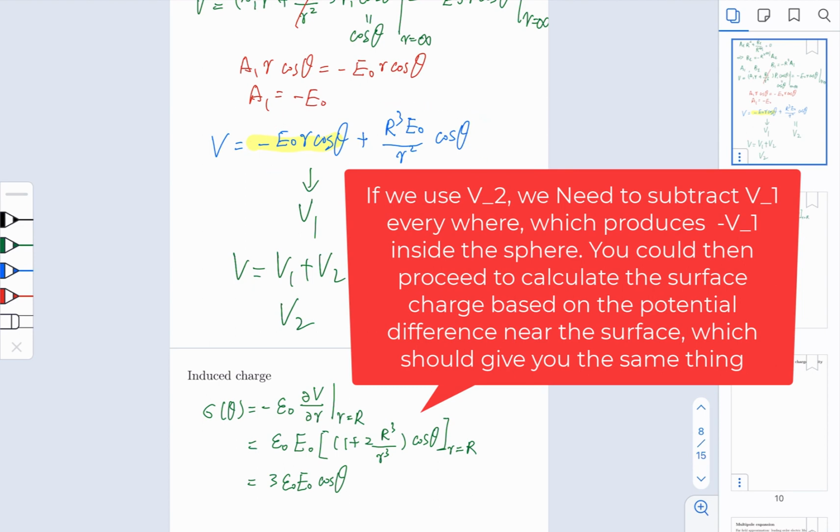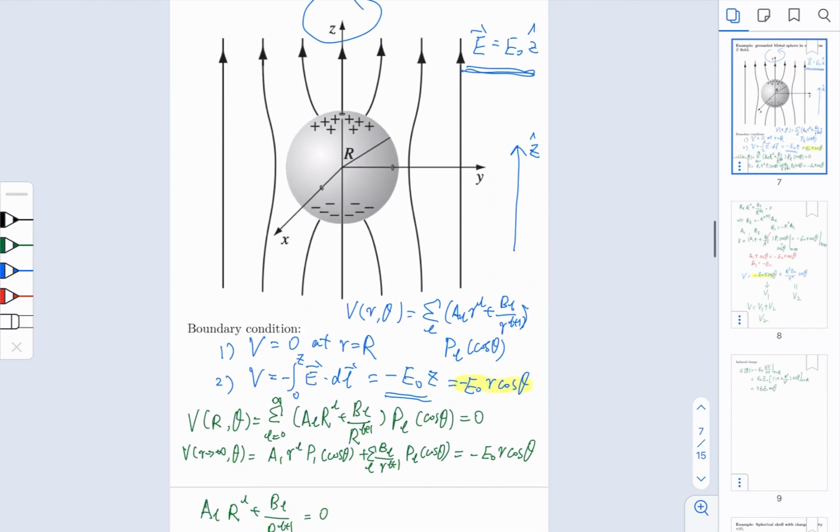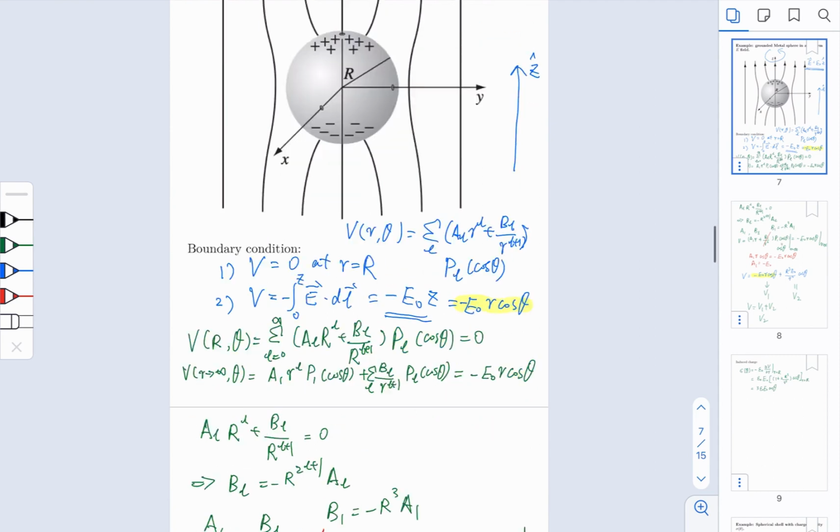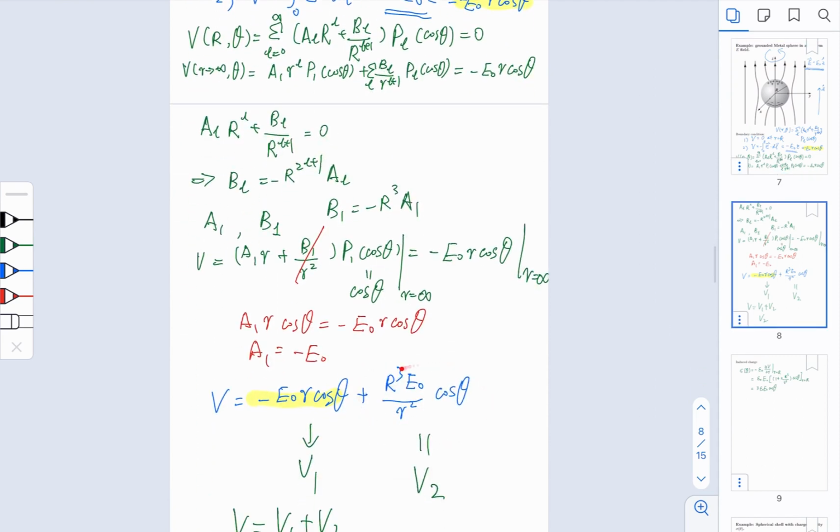But the external field physically will induce charge also. Yeah, so it's the external field that induces a charge distribution, and this induced charge distribution produces additional V like this.